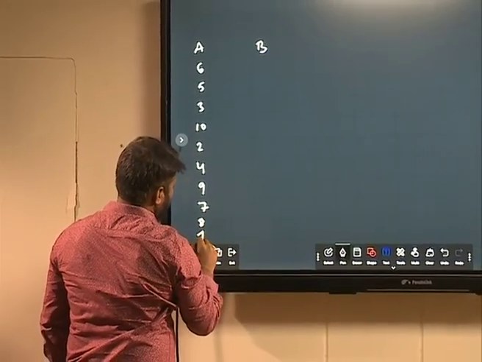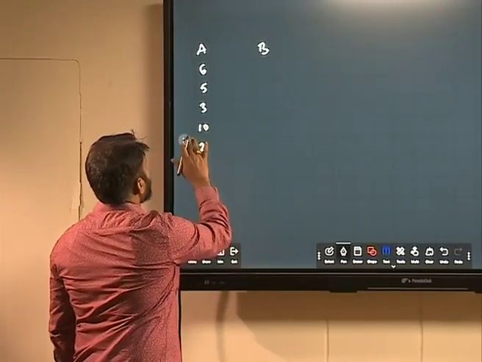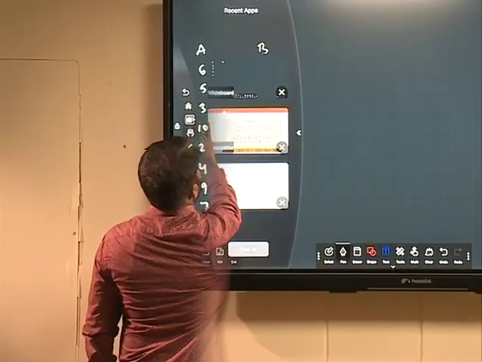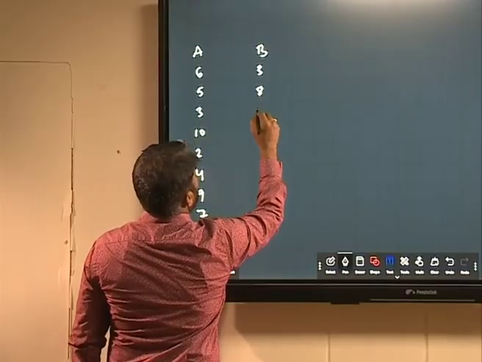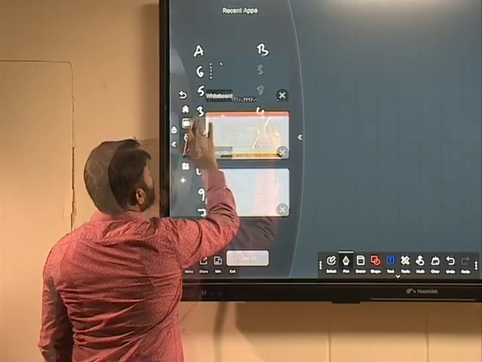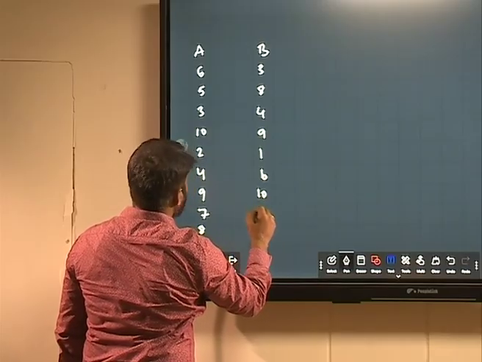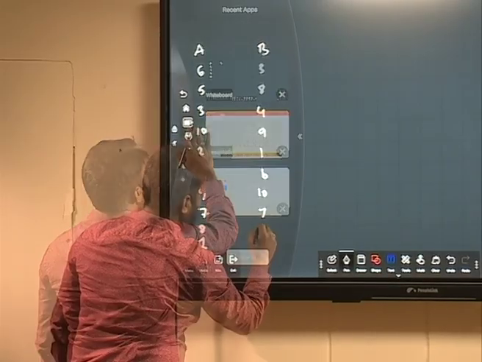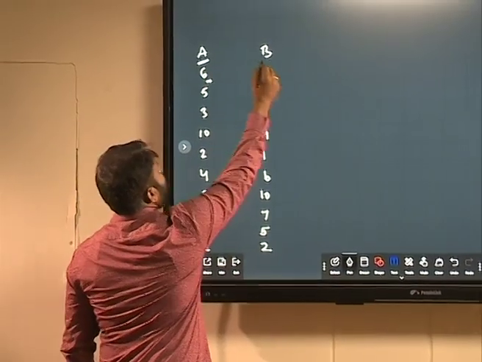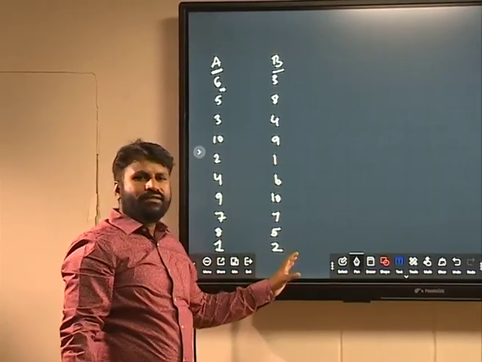Similarly, for the B series they are 3, 8, 4, 9, 1, 6, 10, 7, 5, 2. So these are the ranks. Here they have given ranks directly: the A series has ranks and the B series also has ranks.